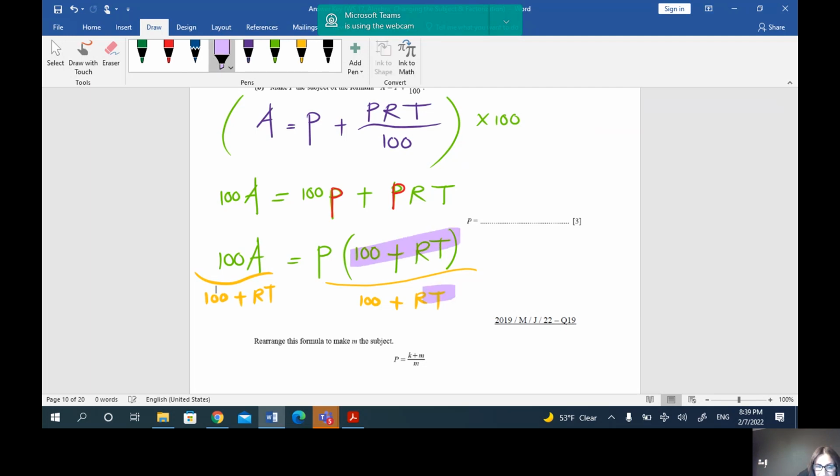This is going to be cancelled with this. Accordingly, P is equal to fraction line 100A over 100 plus RT.